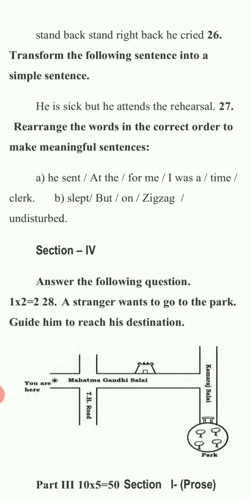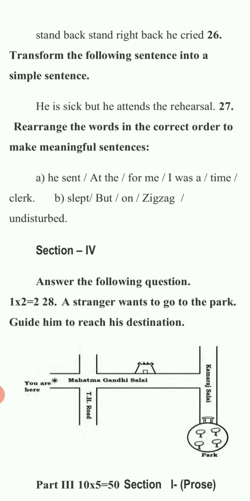Likewise, rearrange the words in correct order to make meaningful sentences. Two sentences are given. They are shuffled. You have to rearrange them and make them meaningful sentences. Here: he sent at the for me, I was a time clerk. How can we rearrange that?